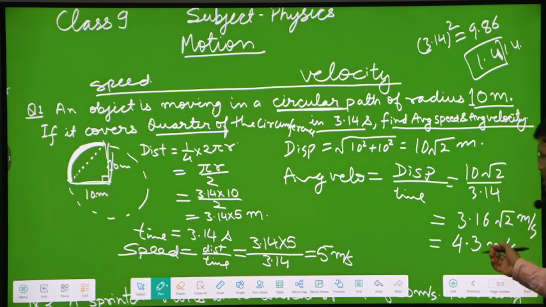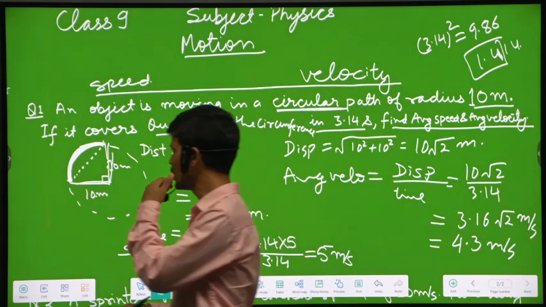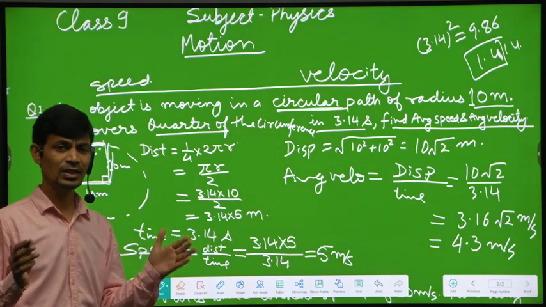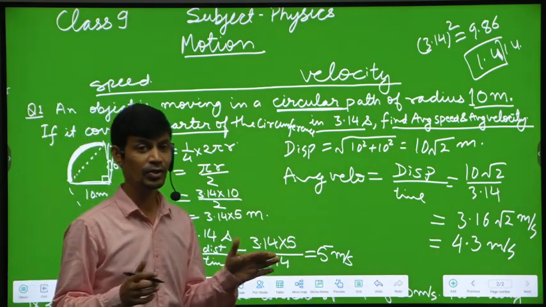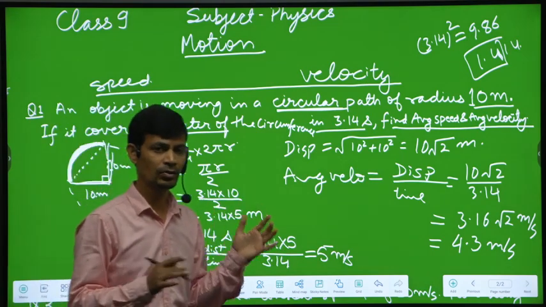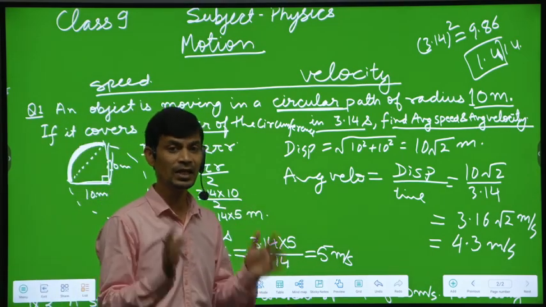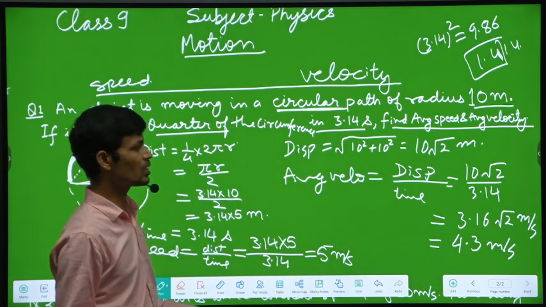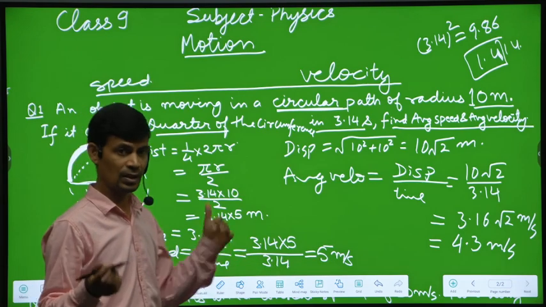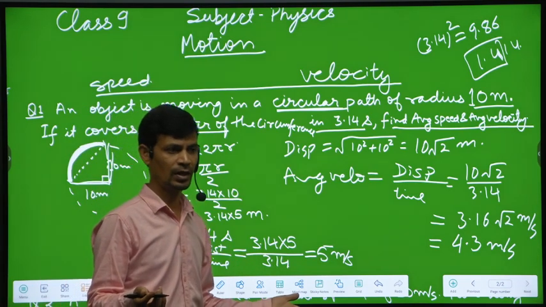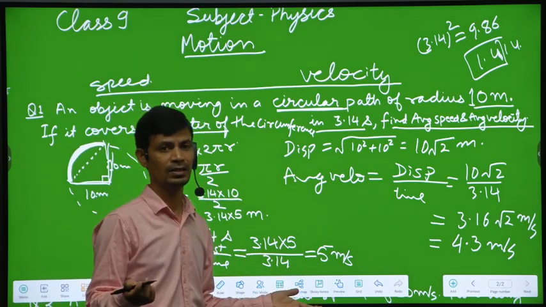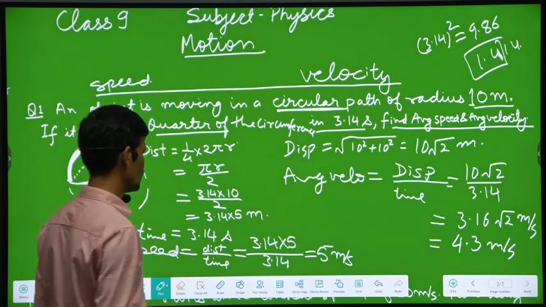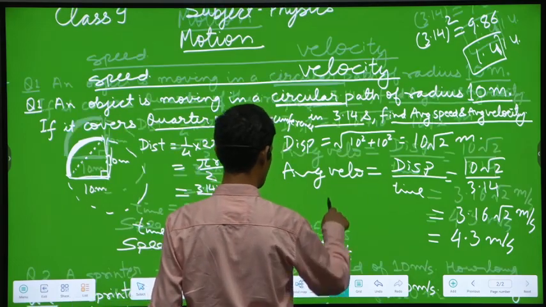You can leave your answer as it is. Once again, I will keep on reminding you that the concept of distance and displacement is irrespective of the way the object is moving. It is moving in a circular path, but still it can have distance as well as displacement. It can have speed as well as velocity. Okay, moving on. Next question.